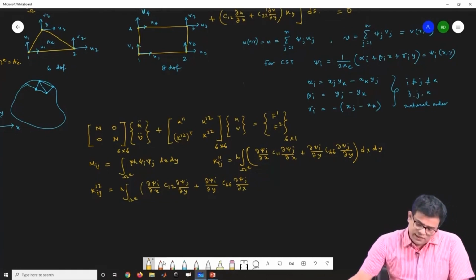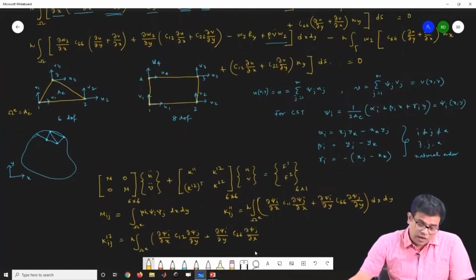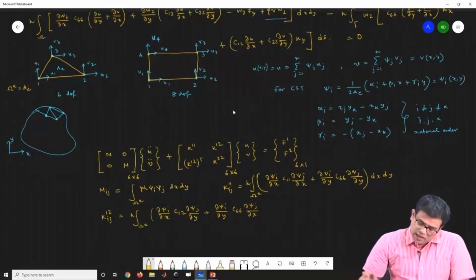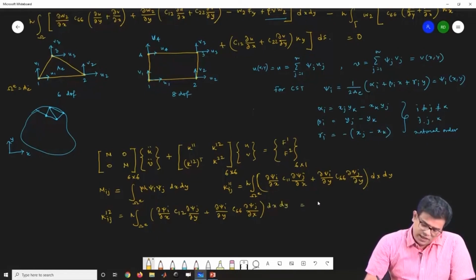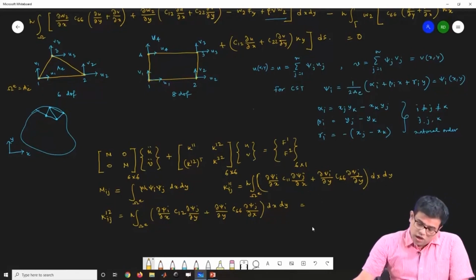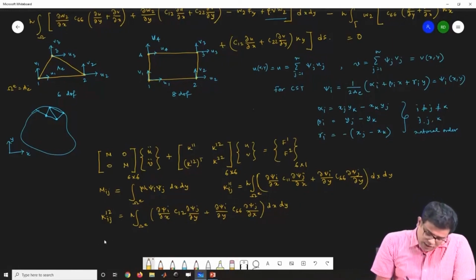So, this is coming from here, and this is again dx dy. So, this is essentially k12; if you transpose it, we know k21. Now, the next k22 again we can find out.